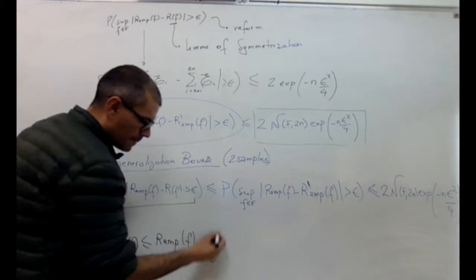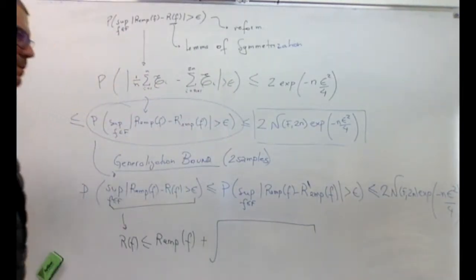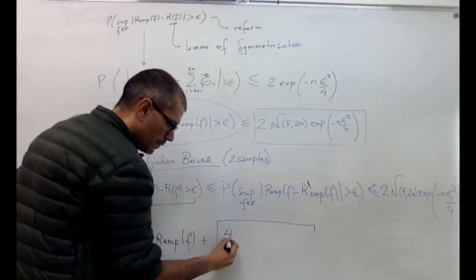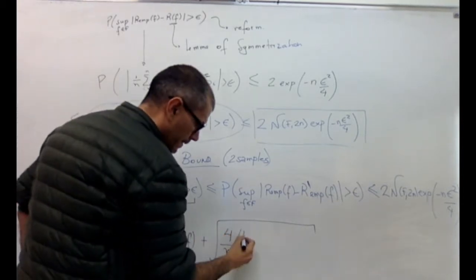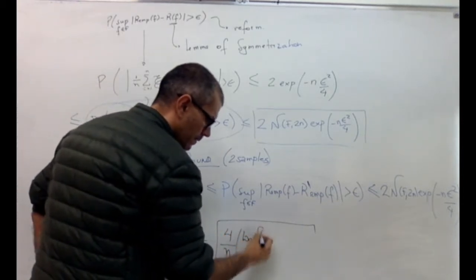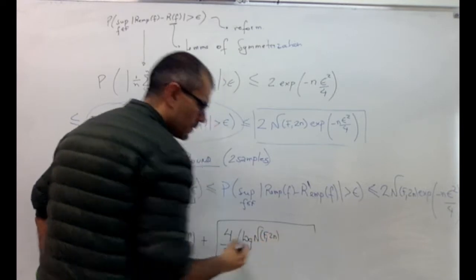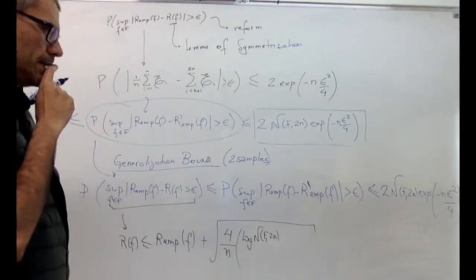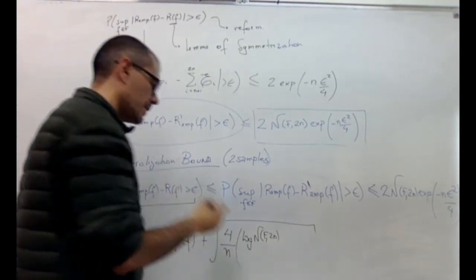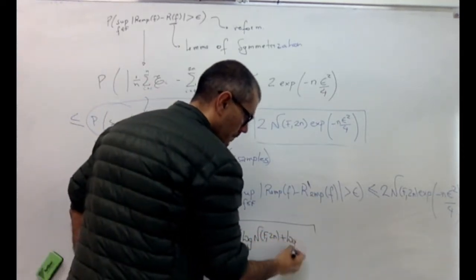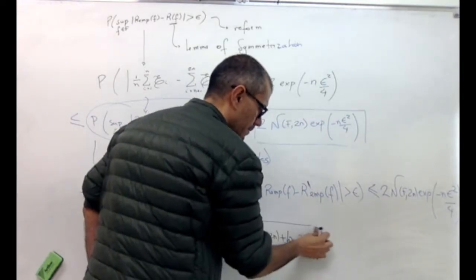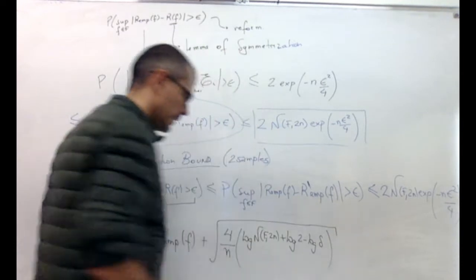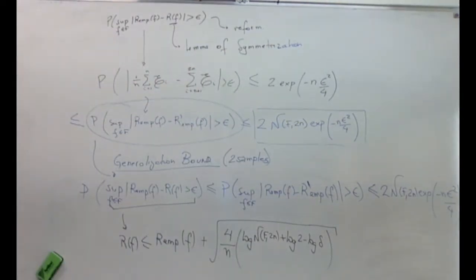And isolating epsilon, let's see if I'm not mistaken, I will have four over n times log of the Shattering coefficient for two samples, plus log of 2, minus log of delta. Is it that? Can you confirm for me, please? I think it's that.